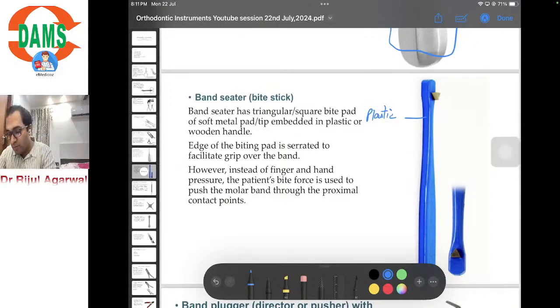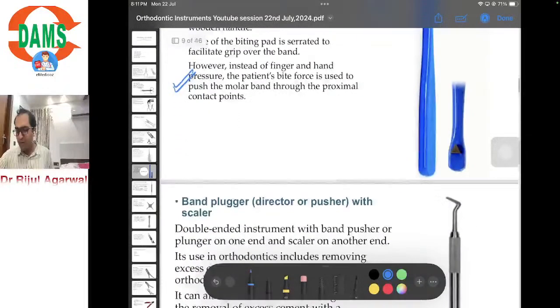So it uses the bite force of the patient. Band pusher, we push with our own force. Whereas in band seater, the patient's bite force is used for proper seating of the bands. Again, an easy instrument to identify and differentiate.